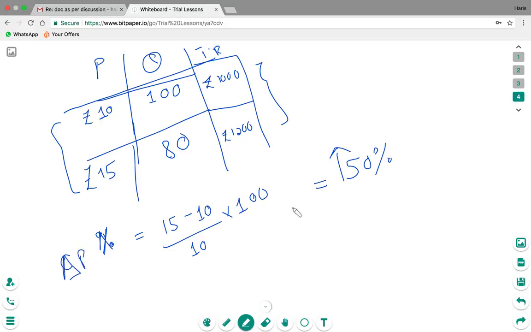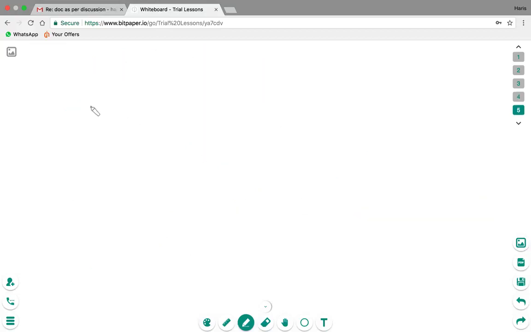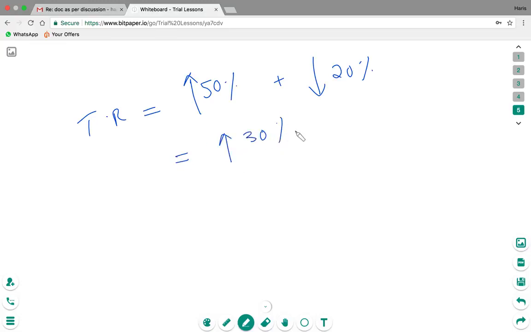And the quantity fell by 80 minus 100, divided by 100, times 100. It fell by 20%. So the net effect on total revenue would be a rise in price of 50% plus a fall in quantity demanded of 20%. The net effect would be a rise in total revenue of 30%.